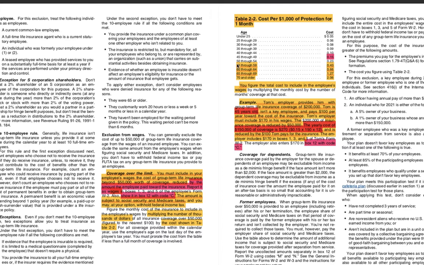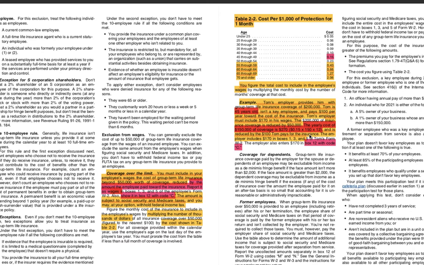So this is the table that will show you. They also give you a quick example here. Let's say Tom is 45 years old and has life insurance coverage of $200,000. You can see the formula here: 200,000 minus 50,000, then you divide by 1,000. That gives you 150.